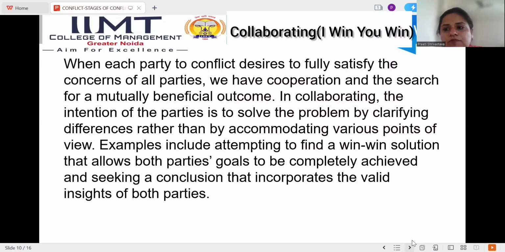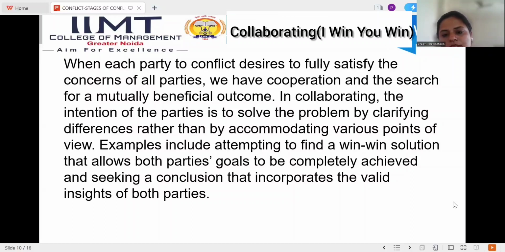Now, the first intention, that is collaborating. I win, you win. When each party to a conflict desires to fully satisfy the concern of all parties, we have cooperation and the search for a mutually beneficial outcome. In collaborating, the intention of the party is to solve the problem by clarifying differences rather than by accommodating various points of view.